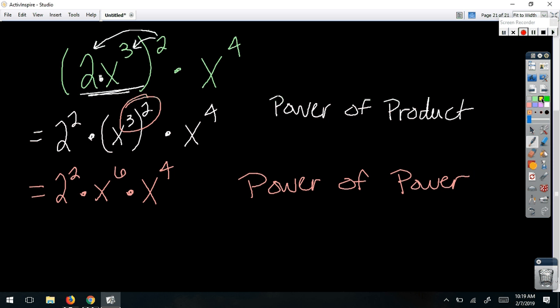I look at the ones with the same base. You see that these two have the same base? If they have the same base, then I do what with the exponents? Add the exponents. So I get 2 to the second, x to the 10th. What property is that called? Product of powers.